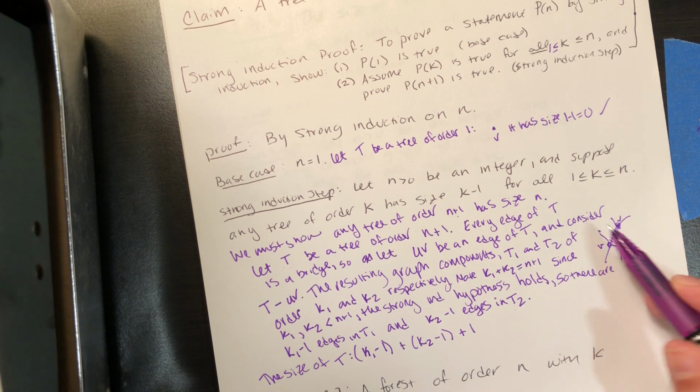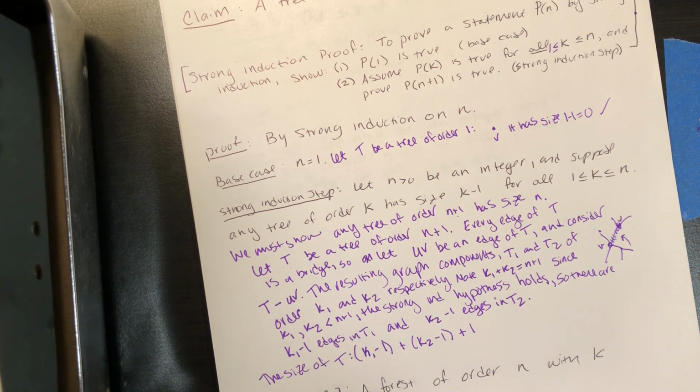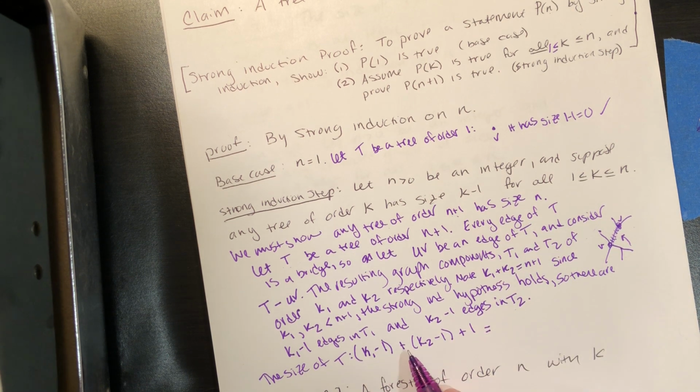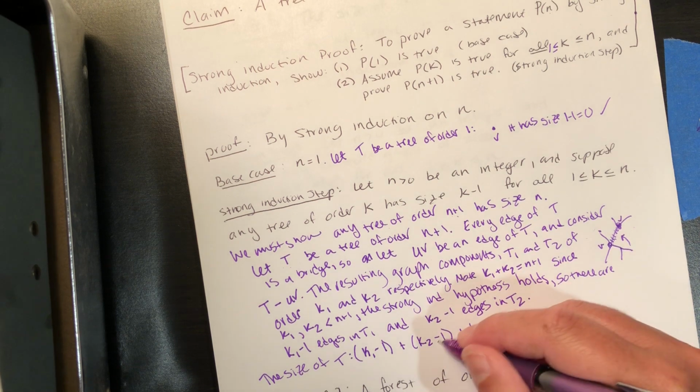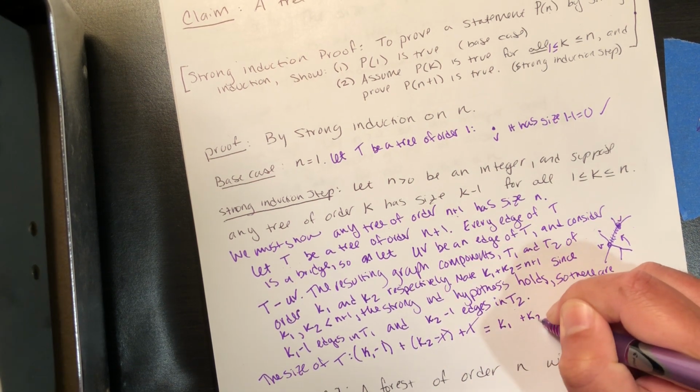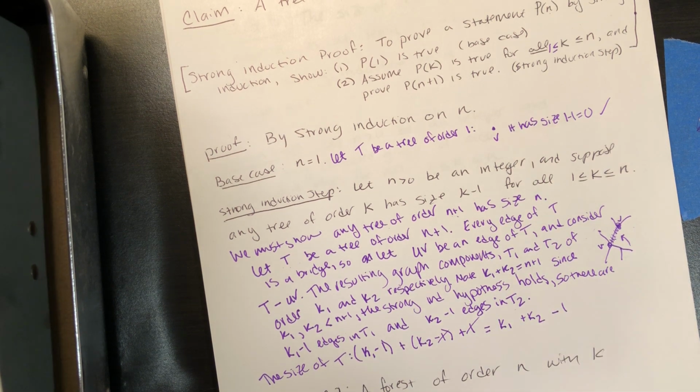This is part of the original graph T, so we need to include that in the size of T. All right, so we can rewrite this as K1 plus K2 minus 2 and then plus 1. Or we can just cancel out one of these, and we're left with K1 plus K2 minus 1.